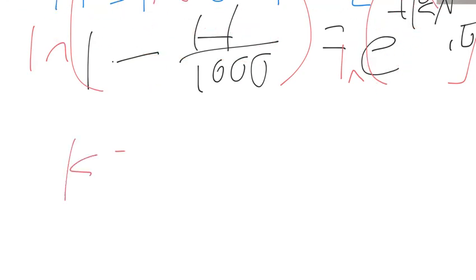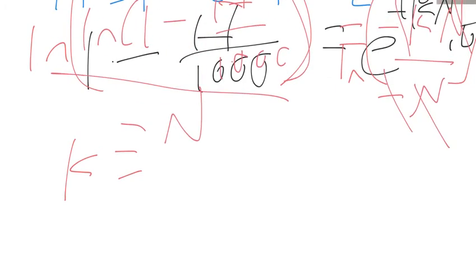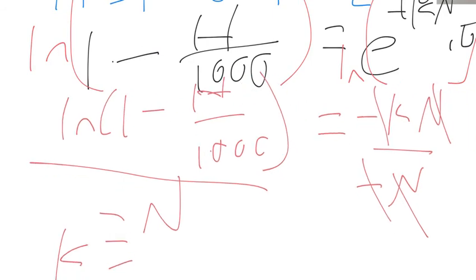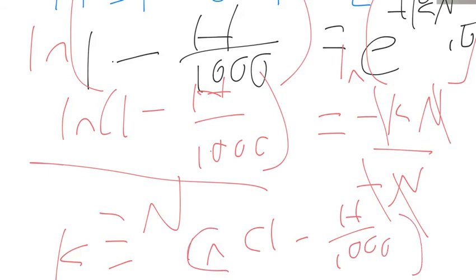So k would be equal to, let's see if I can bring that back down real quick. So k is equal to ln of 1 minus h over 1,000. Since we're dividing by negative n, that's the same as multiplying it by negative 1 over n.